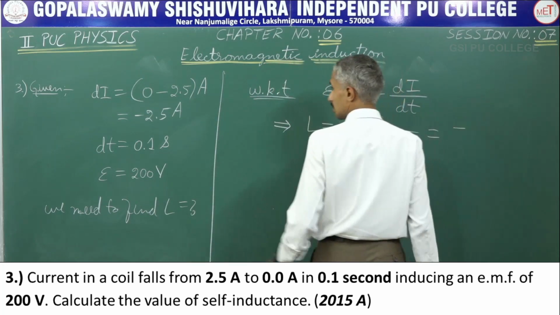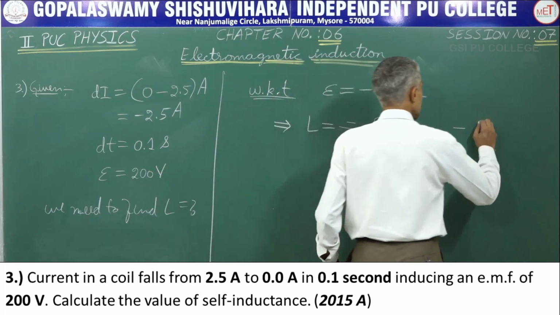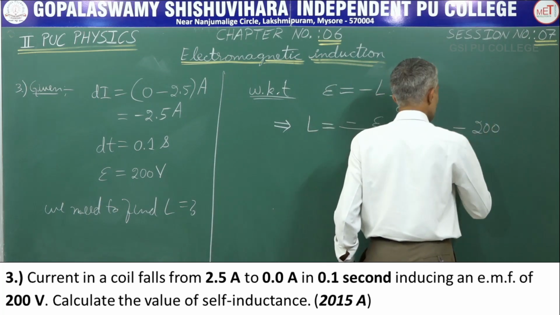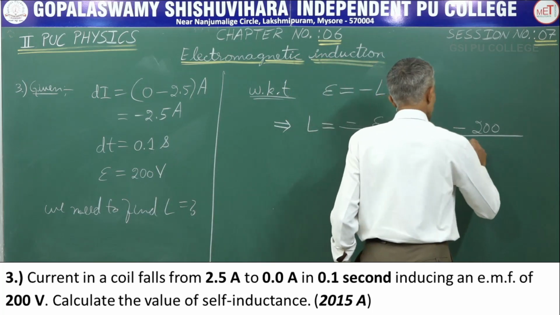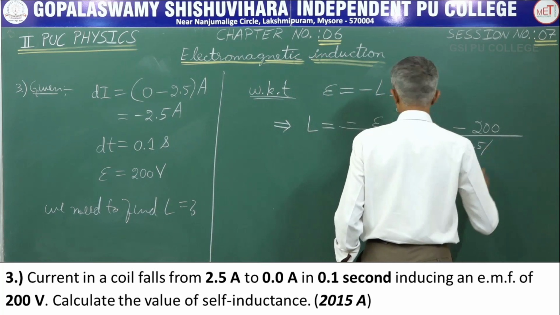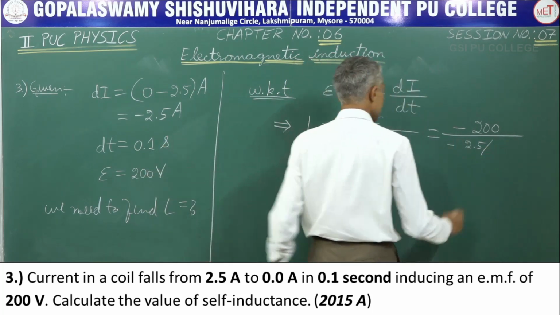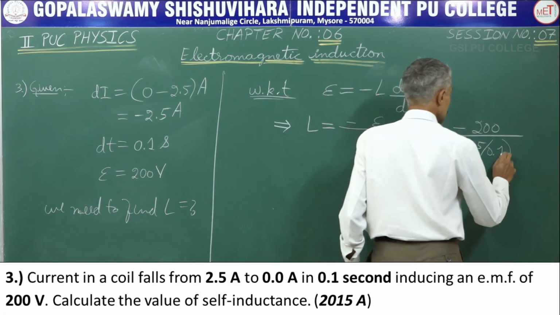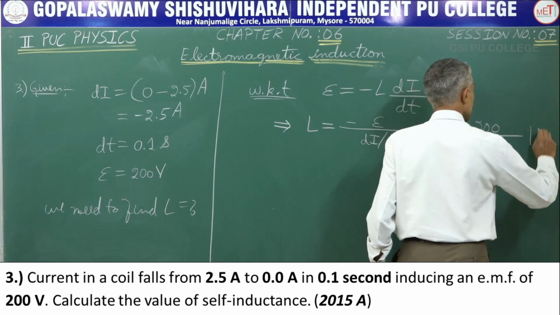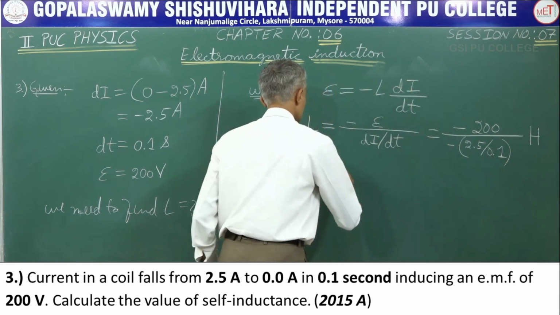So minus of EMF induced is 200 volt divided by di minus 2.5 divided by dt 0.1. The SI unit for inductance is Henry.